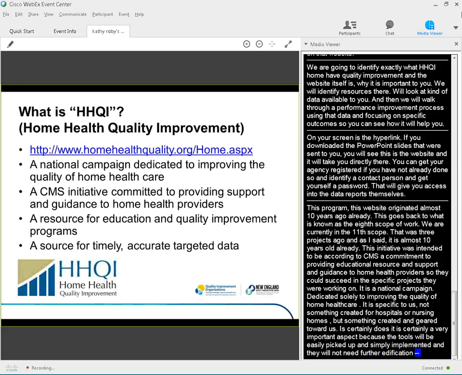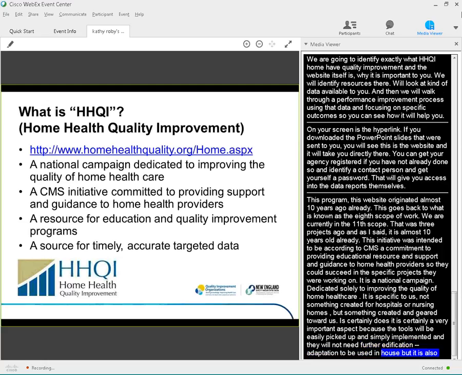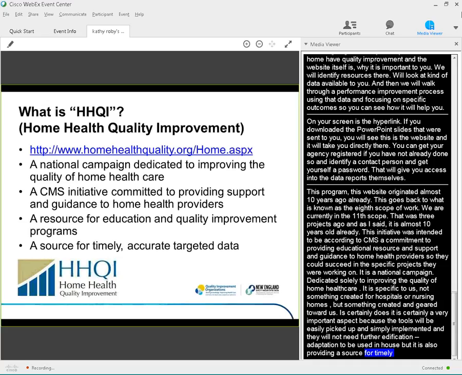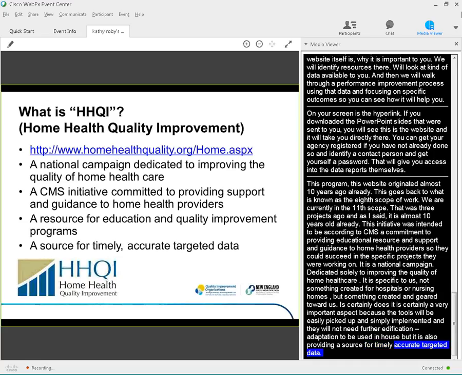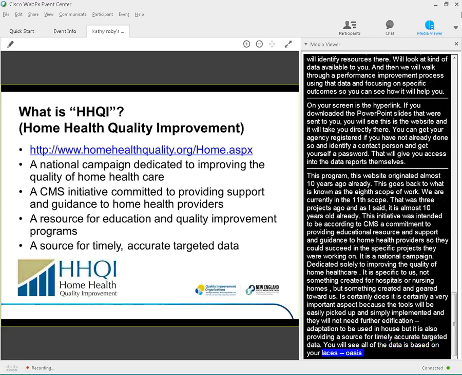You will see that all of this data is based on your OASIS information. You've collected OASIS data, you've submitted it through HAVEN, through your EMR system to CMS.